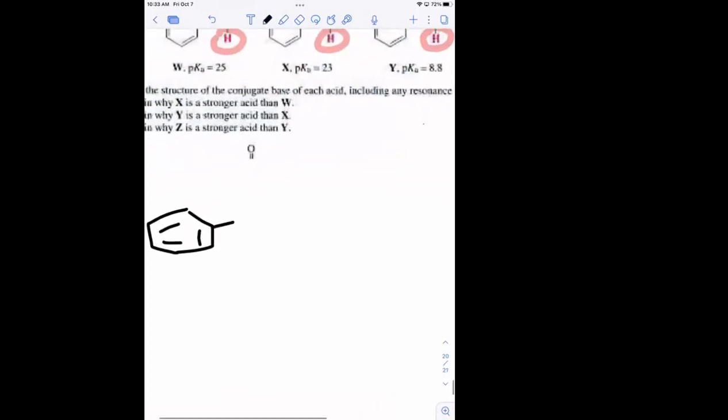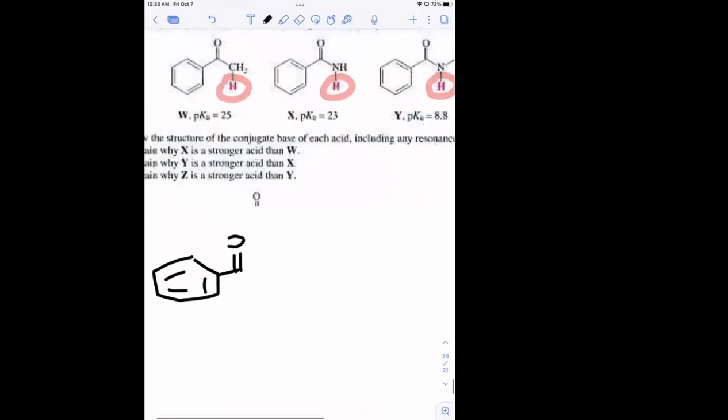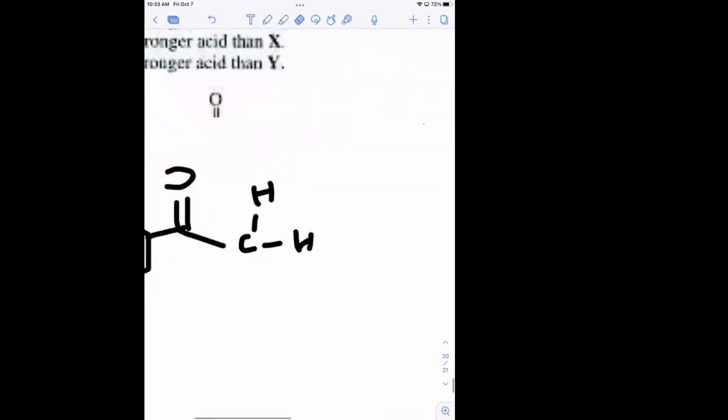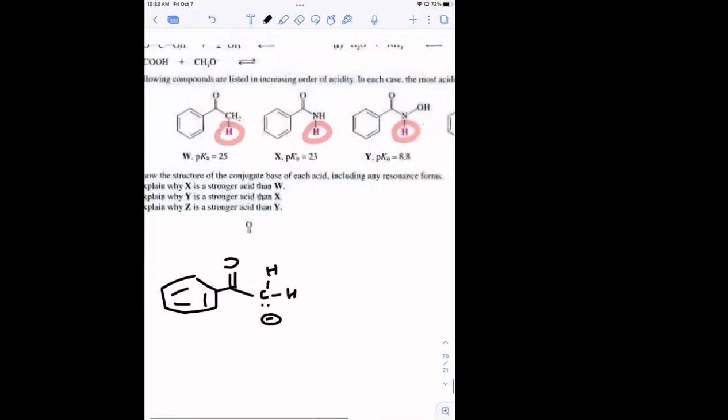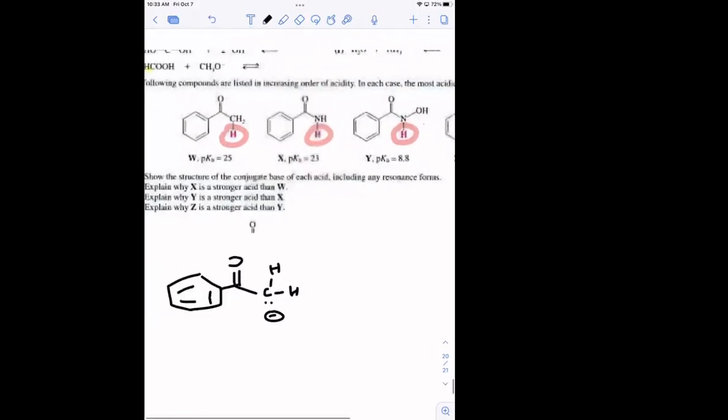Don't worry about the aromatic part, the double bonds. Those are interchangeable. So this is the conjugate base here. Conjugate base on the next one.